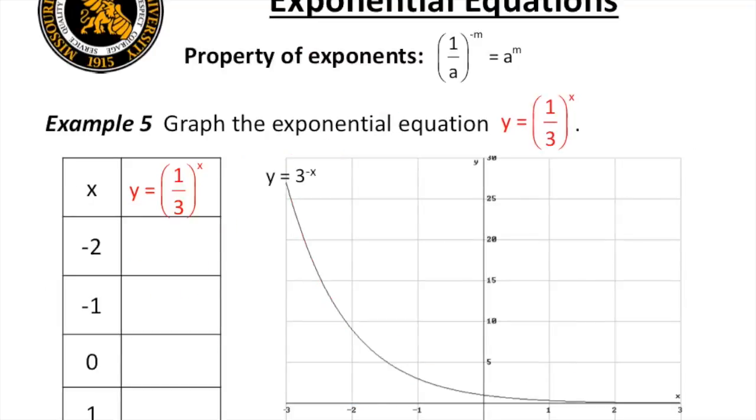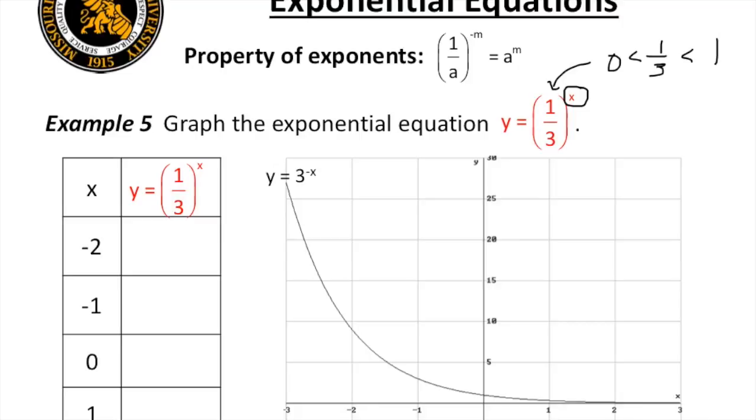In example 5, we graph the exponential equation y equals 1/3 to the x power. Notice that in this example, our base is a unit fraction. That is, the 1/3 lies between 0 and 1. Notice also that our exponent is x, not negative x, like was seen in example 4.